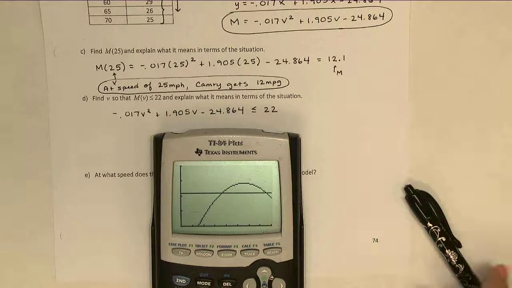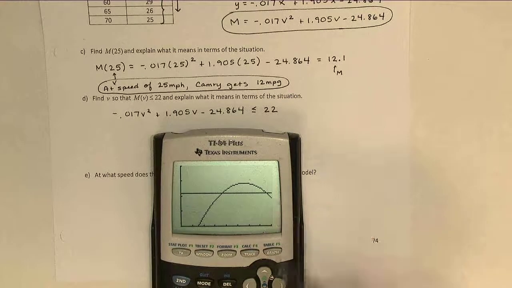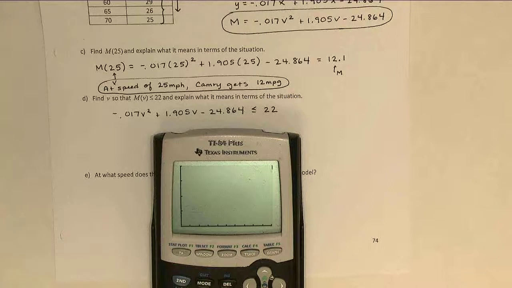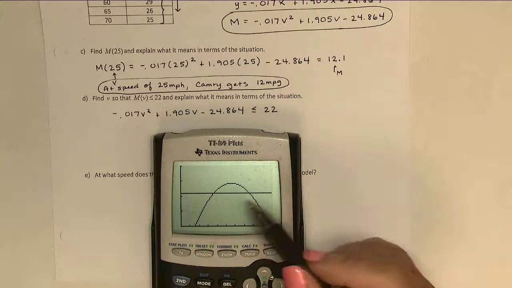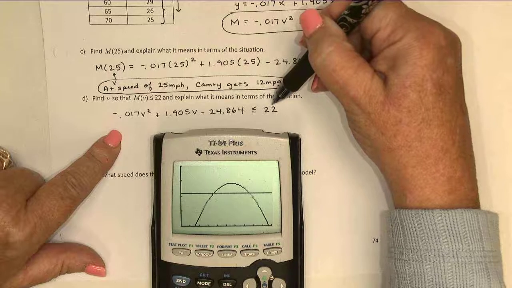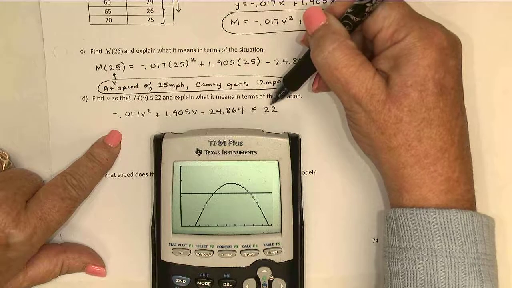Looks like I probably have everything I need. Might not hurt to have a little bit more over here, just to make it look a little prettier. Let's increase the x values to 100. There we go. So, I would like to know, when is this parabola, the quadratic, less than or equal to 22?